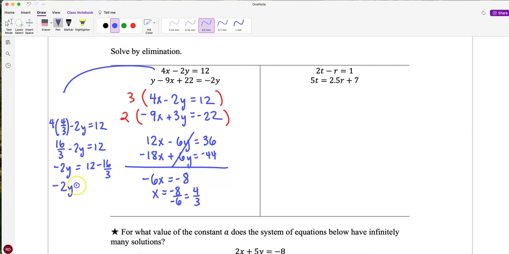Negative 2y equals, what is this, 36/3 minus 16/3. Negative 2y equals 20/3. So y is equal to negative 20 over 6, or negative 10/3. So the answer is 4/3, negative 10/3.